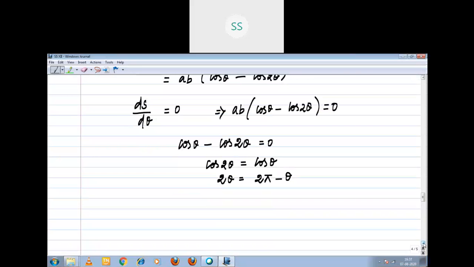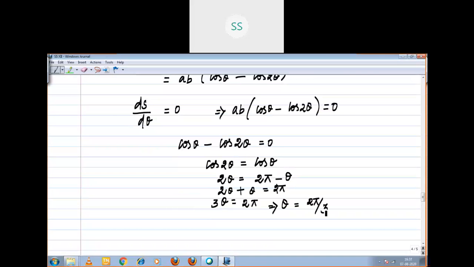Now, 2 theta plus theta equal to 2 pi, so 3 theta equal to 2 pi, and theta equal to 2 pi by 3.